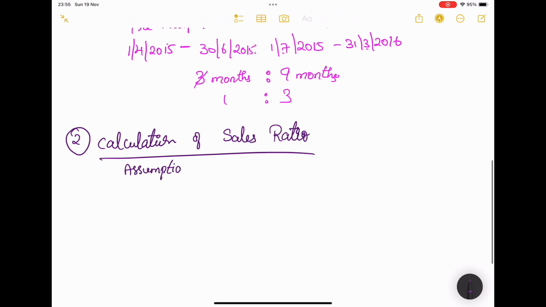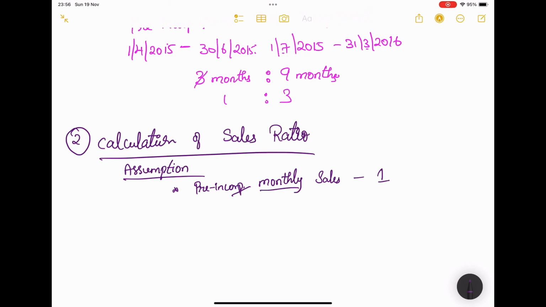Sometimes we have to take certain assumptions, but not always. Okay, assumption is, we are going to consider pre incorporation monthly sales as 1, not whole sales, monthly sales, because they have mentioned only average monthly sales in the question, so we have to take the monthly sales only.